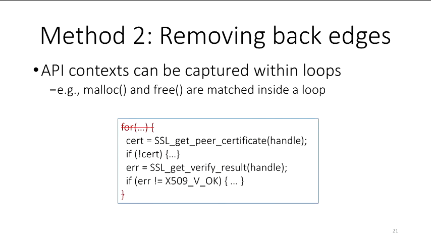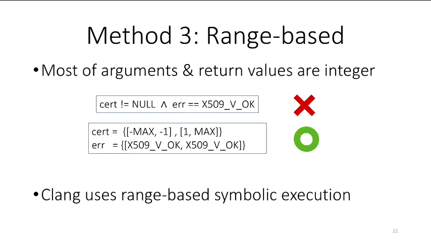An API context can be captured without loops. For example, malloc and free need to be paired, but this property should be preserved regardless of loops. So we can remove back edges to ignore loops. And since most arguments and return values are integers, we can express most API uses in range-based form.